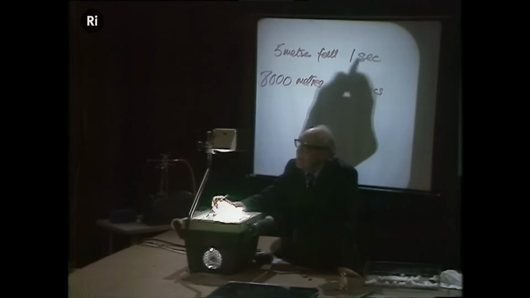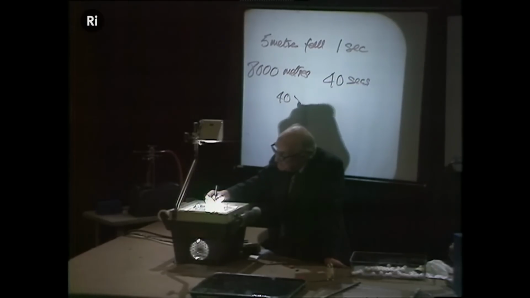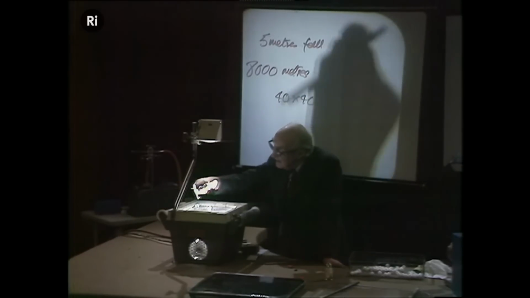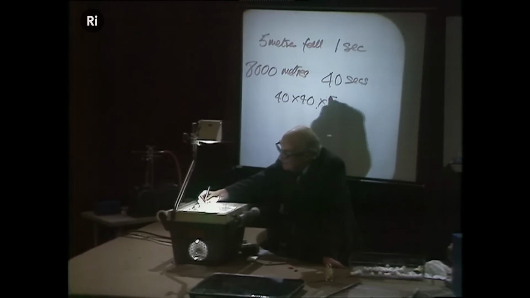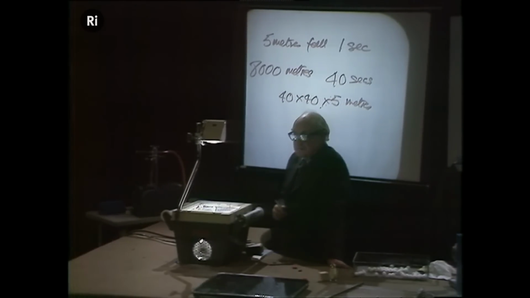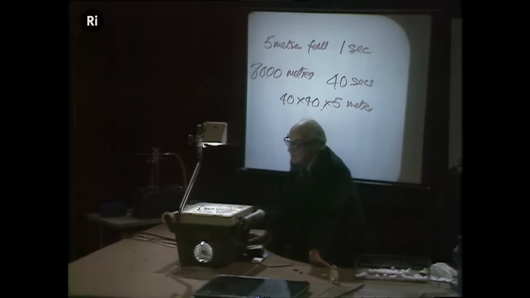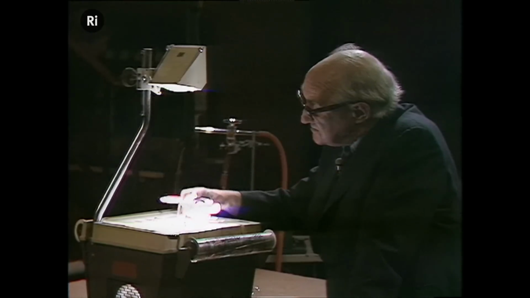And at the same time, you'll have 40 times the length of time to spend at those speeds. And so you'll go 40 times 40 times what you did there, times 5 meters. So that's how far you would go if you fell for 40 seconds.